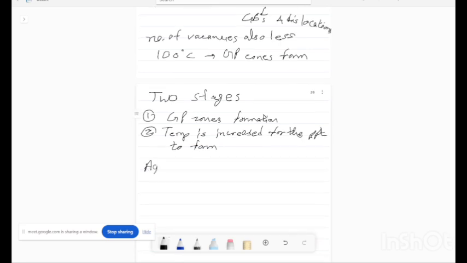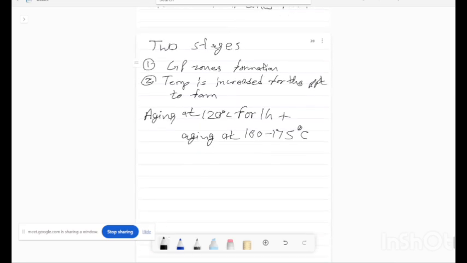That means aging at 120 degrees Celsius for 1 hour, plus aging at 160 to 175 degrees Celsius. So first the aging was done at 120 degrees Celsius to form the GP zones. Then from those GP zones, the aging temperature was increased to 160 to 175 degrees Celsius to form the eta prime and eta precipitates.